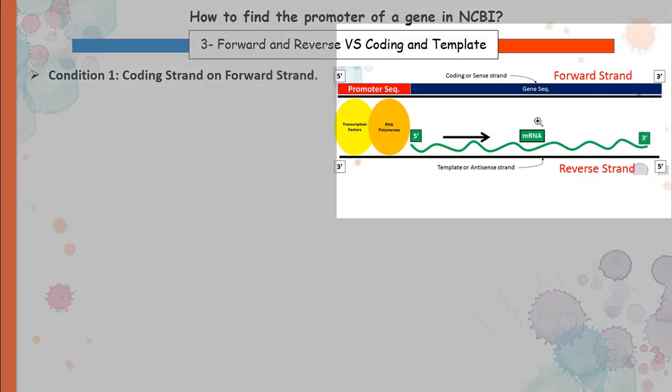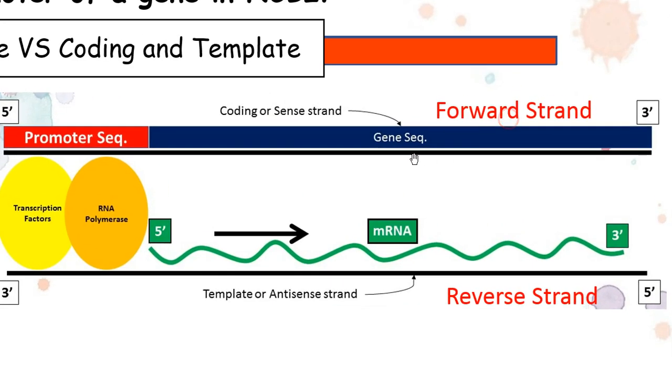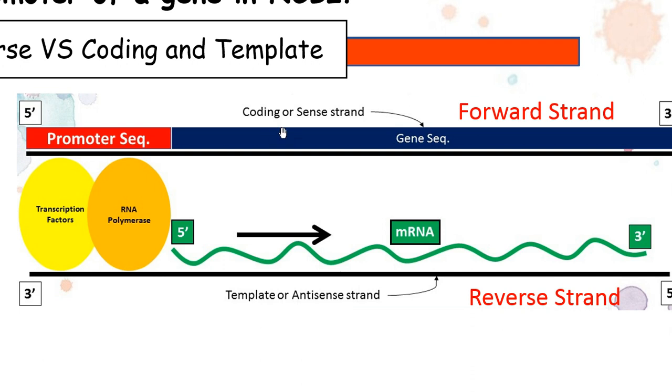As we saw in the first slide, this is an example when we have forward strand here and reverse strand here, and the coding strand or our gene is on the forward strand, and the template strand is on the reverse strand. The upper strand is always called forward strand, and the lower strand is always called reverse strand.